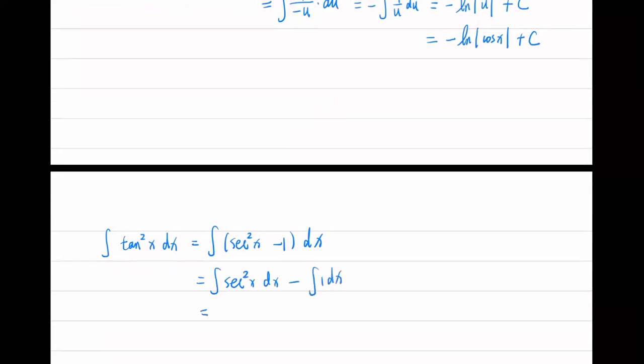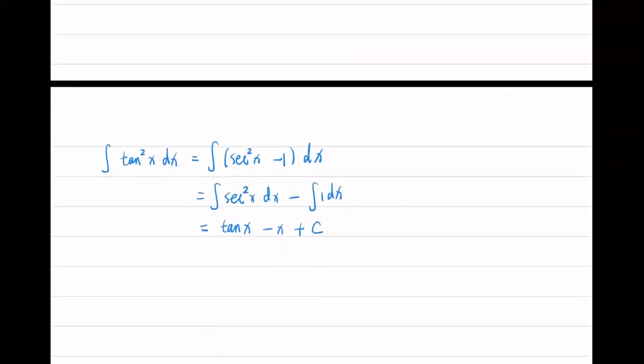Integral of secant squared: the function whose derivative is secant squared is tangent. You use tangent x. Okay. So we find the integral of tangent squared.